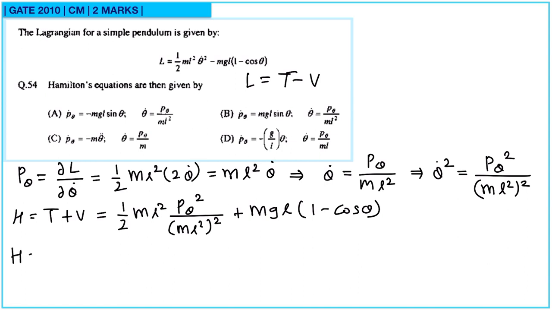So from here H is equal to p theta square upon twice m l square plus m g l times (1 minus cos theta).